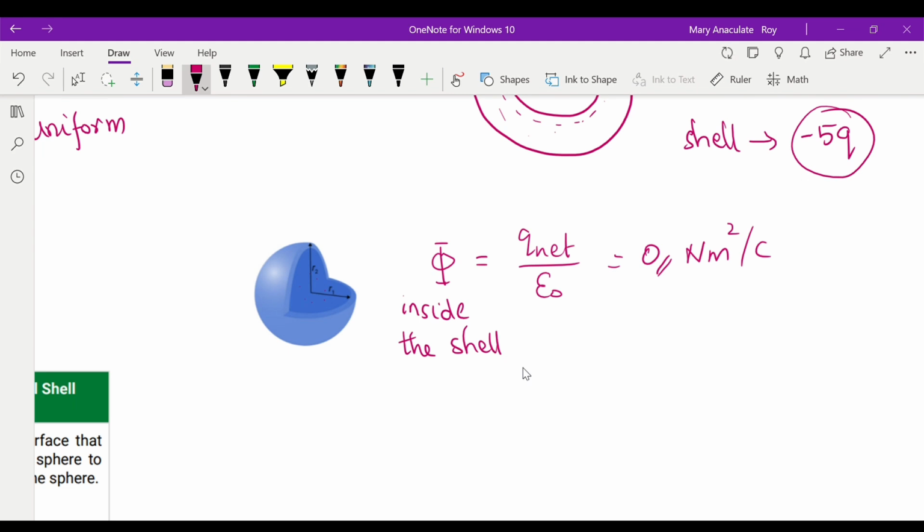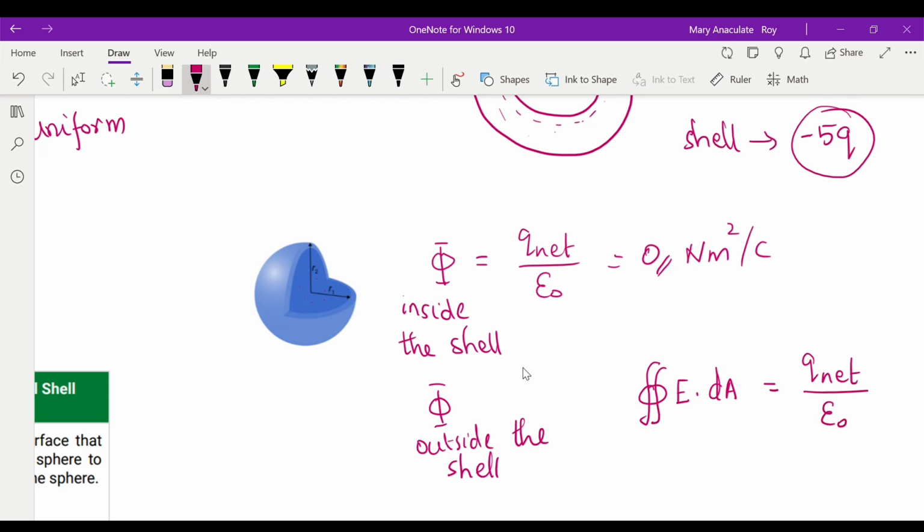How about outside the shell? How do you find it? Outside the shell, as before, we need to start with which equation? The closed surface integral of the electric field times area is equal to Q net enclosed over epsilon naught. Remember, this area is the area of the surface where the field is given off.